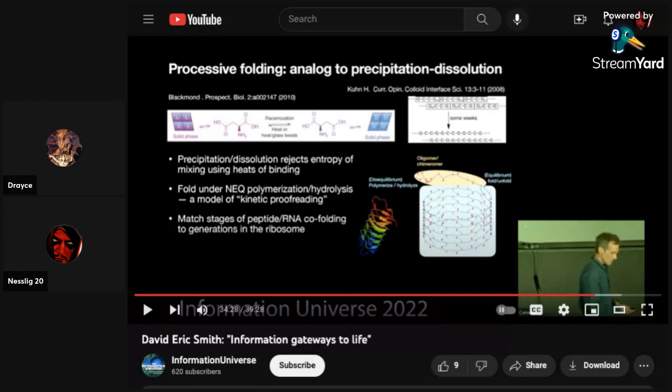But what this shows is you can probably have selection without strict replication or strict Darwinian evolution. Basically, you can have selection based on what structures are more able to withstand degradation. That's what I am thinking about.